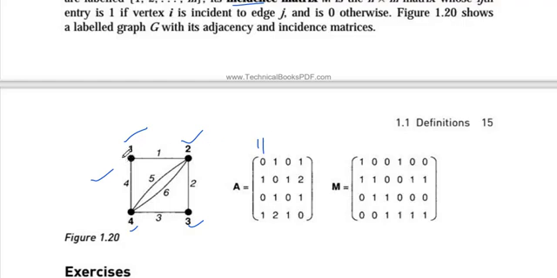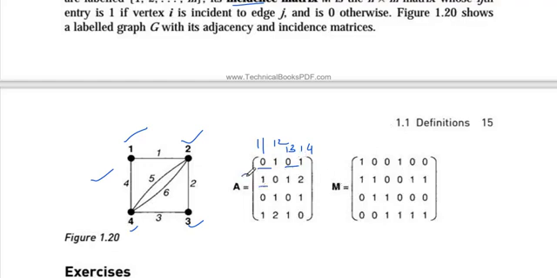With no loop, it is 0. First row, second column, we have the number of edges as 1. First row, third column, no edges are there, so 0. First row, fourth column, 1 edge is there. You have to count the number of edges.